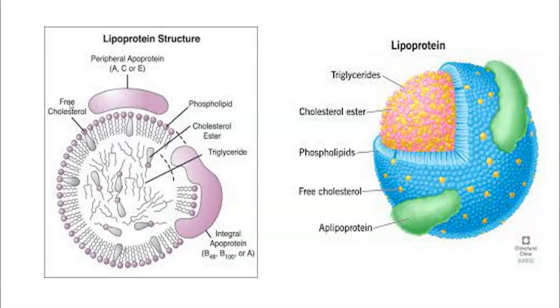You can see this is the structure of lipoprotein. Peripherally we can see apoprotein and free cholesterol, phospholipid, and the core region that contains cholesterol ester, triglycerides.